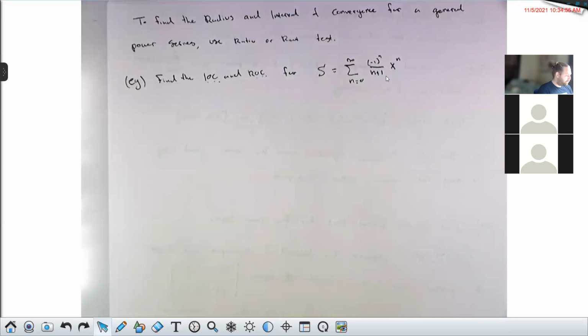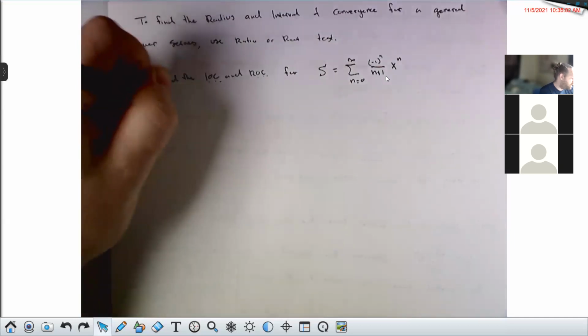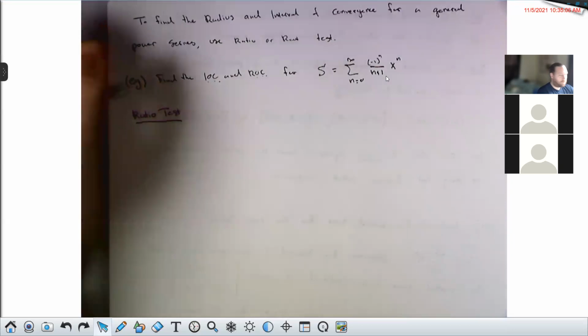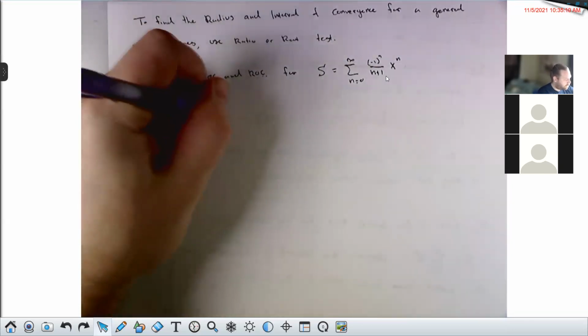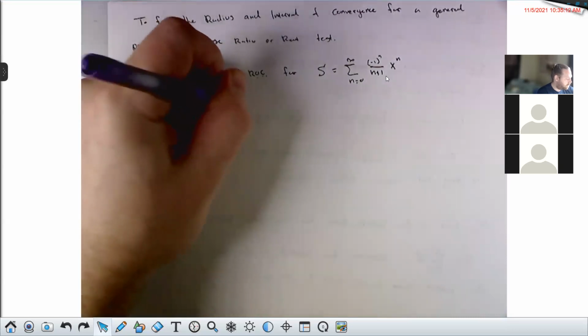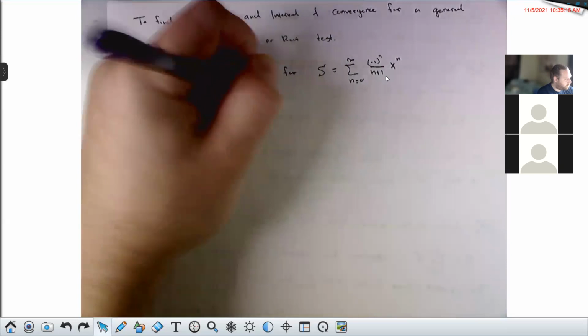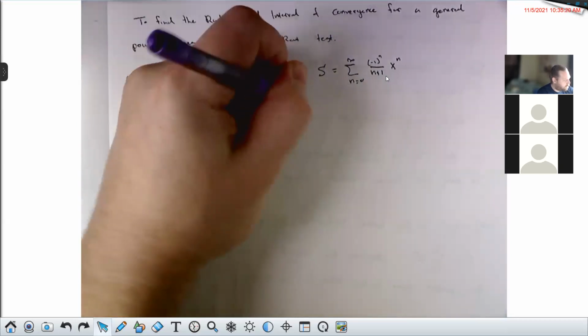Nothing magical. I will use here the ratio test. Remember how the ratio test works. L is the limit as n goes to infinity of the absolute value of a_(n+1) over a_n.